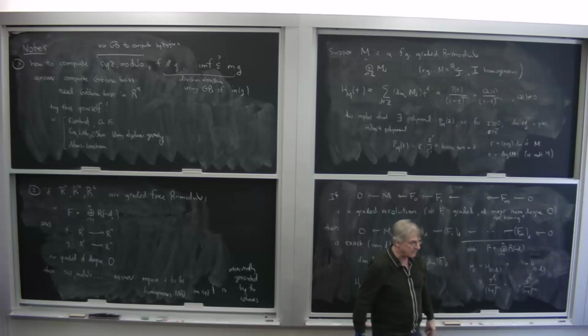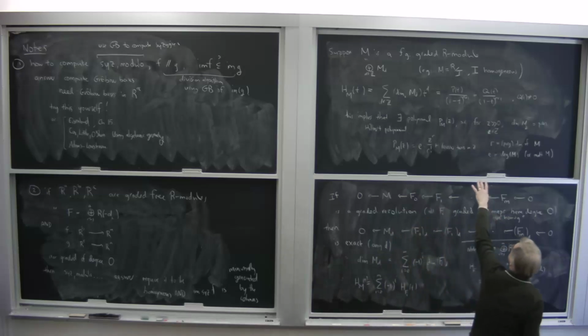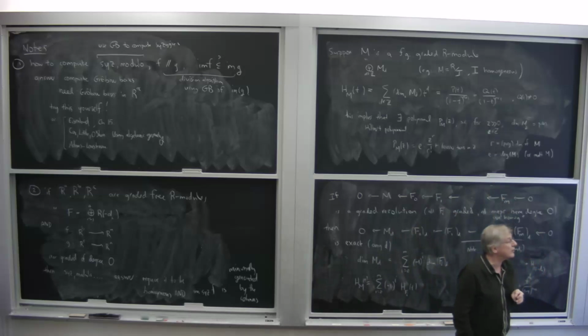Going back up here, when we wrote P of t over 1 minus t to the n plus 1 equals Q of t over 1 minus t to the r plus 1, the Hilbert series: does it work for non-standard gradings, in other words, where the degrees of the variables are not all 1? The answer is not exactly.